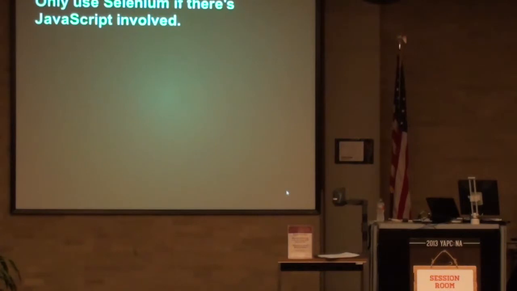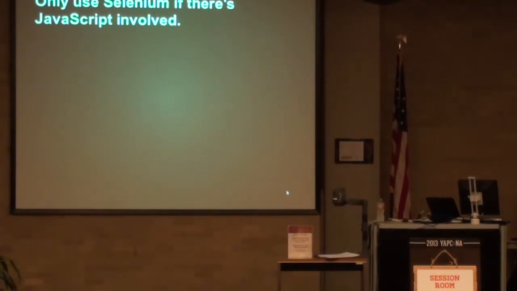So first one is only use Selenium if there's JavaScript involved because it's slow. When you're using Mechanize, you say get a website and it gets a website. When you're using Selenium, it's already inherently slow because it's driving a real web browser.